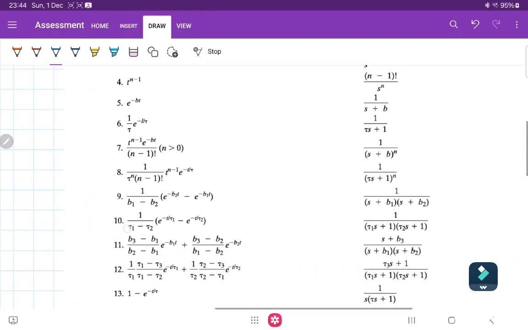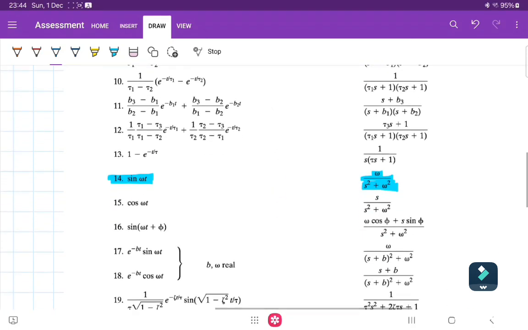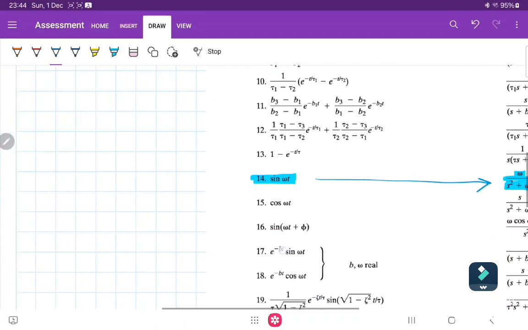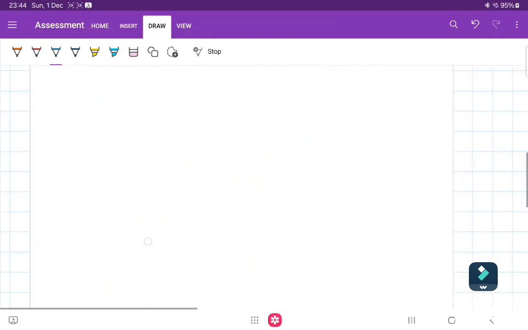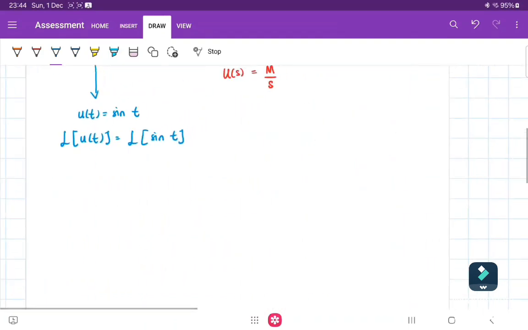I have it here, so let's scroll down. We have sine t here, and when you Laplace transform it, it equals omega over s squared plus omega squared. Since I have sine t, my omega is 1. So my u of s is basically 1 over s squared plus 1 squared.